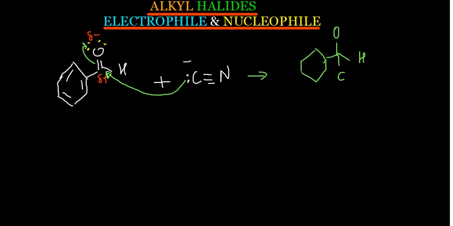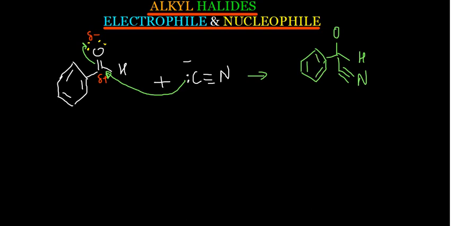Remember, this carbon is triple bonded to a nitrogen. Now, I don't need to show this carbon, because in organic chemistry, when we see any linkage or change of direction, there should be a carbon there. So I can also write it like this. This is the compound that is formed from this reaction.